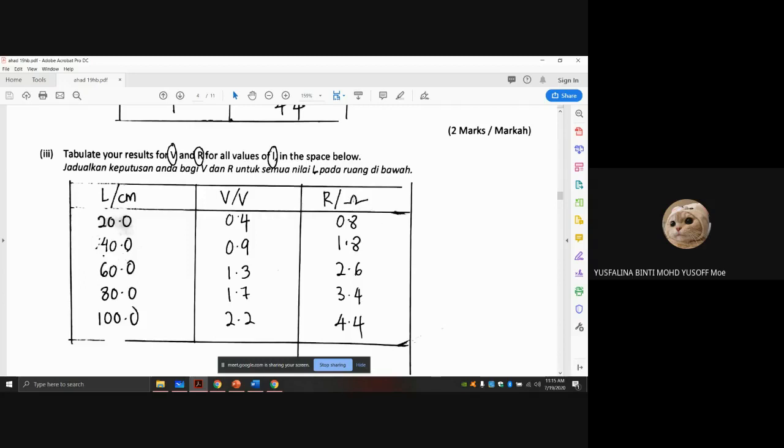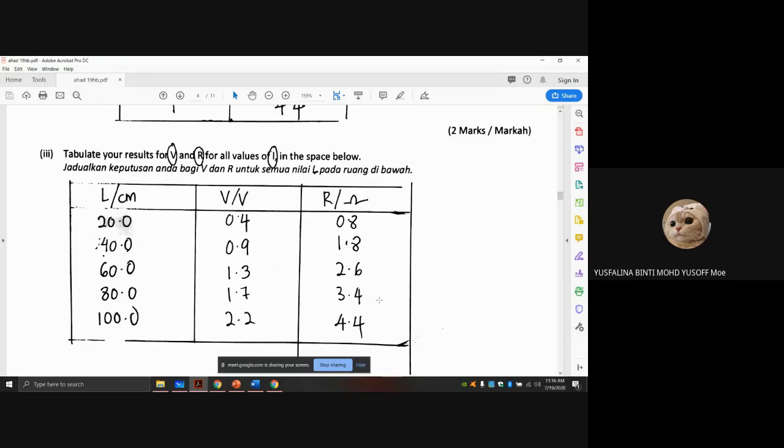Let's say the R here, when you calculate, you got 0.833333 like that. So take 2 or 3 decimal points. But for this question, if you divide and you got only 1 decimal point using your calculator, then you just put 1 decimal point. But when you divide and you got 0.833333 like that, please take 2 or 3 decimal points.